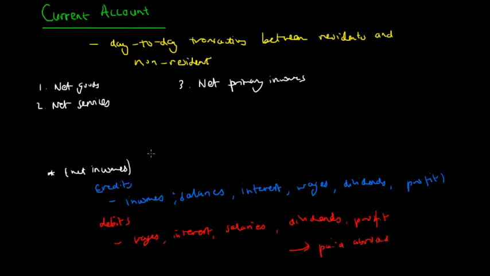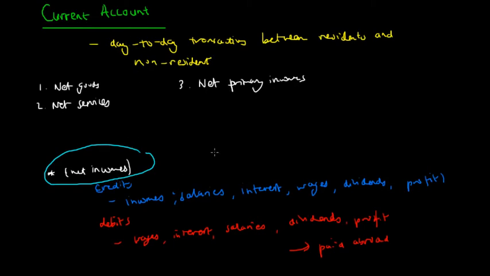Now this net incomes category has a close correlation with the financial account, because in the financial account we record all the direct and portfolio investments, and if you look to the lecture on the capital and the financial account, you will go more into depth about this topic. But for now we know that net incomes paid on, say, dividends, interest, and profit of certain shares or securities is actually recorded in the day-to-day transactions between residents and non-residents, or in the current account.